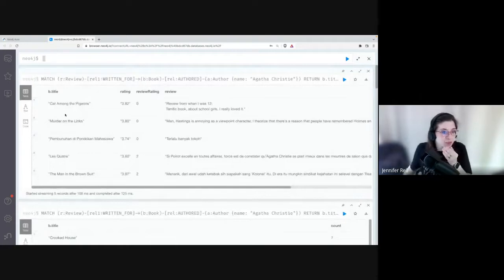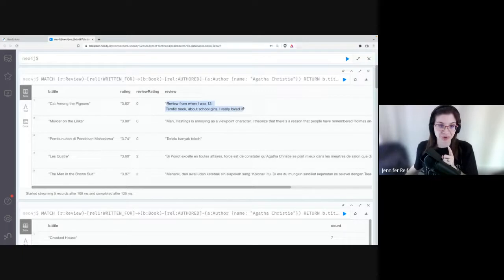Okay, so the ones that have the worst reviews are Cat Among the Pigeons and Murder on the Links. Now notice these ratings are actually reasonably high, but there's a couple of reviews out there that are just scathing. First of all, this one might look like an accident, so it could be bad data, because this person read it when he or she was 12, and has a good review of it, really loved it, but yet the review rating is 0.